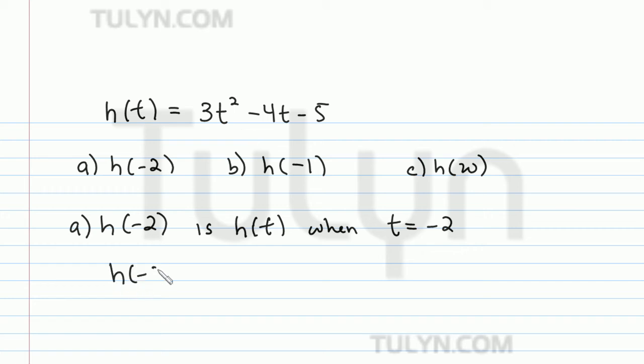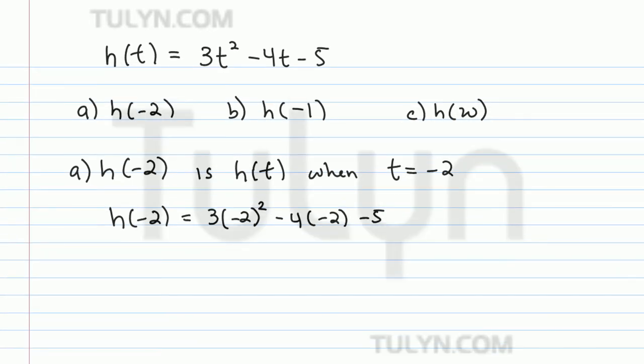So in this case, h of negative 2 is 3 times negative 2 squared minus 4 times negative 2 minus 5, right? So simplifying, this becomes 3 times negative 2 squared, which is positive 4, minus 4 times negative 2 is negative 8, right?